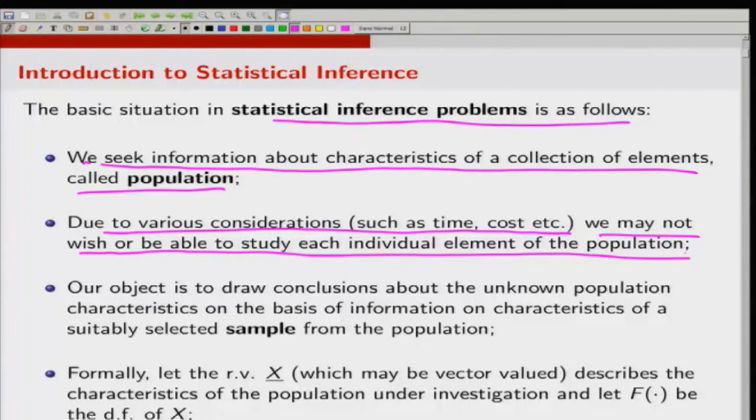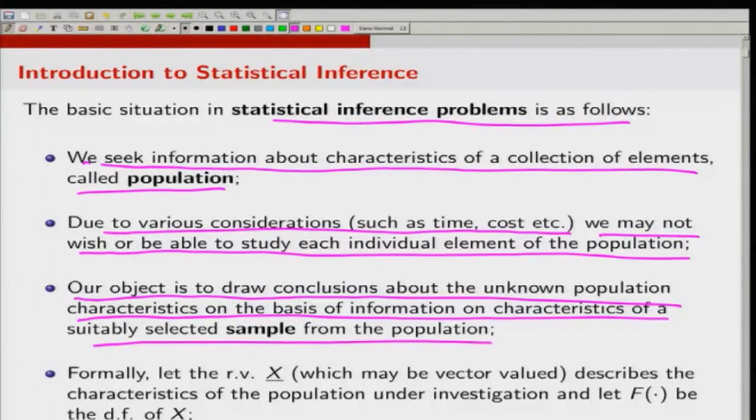So, what we do is, our objective is to draw conclusions about the unknown population characteristics on the basis of our information on the characteristics of a suitably selected sample from the population. We just take observations on a part of the population, which we call a sample, and this sample has to be suitably chosen.